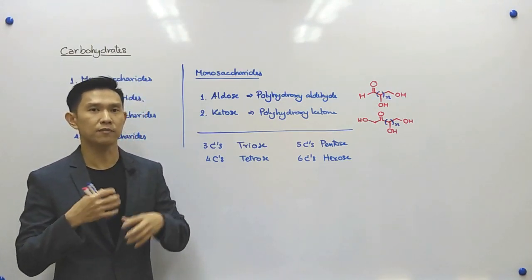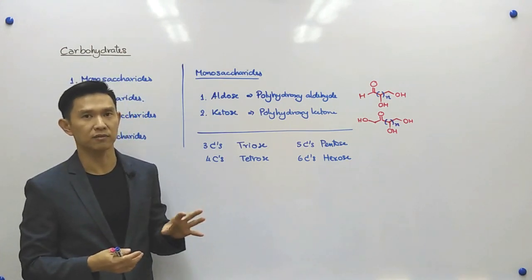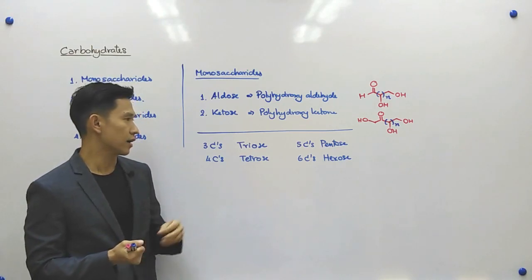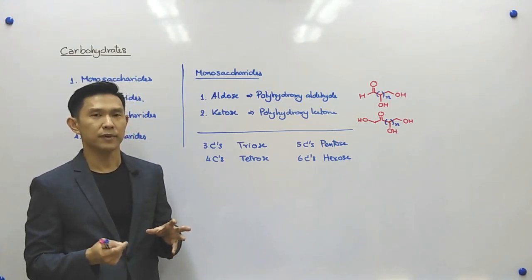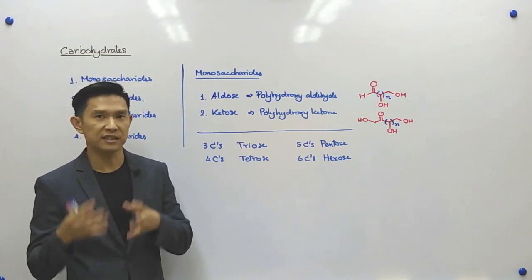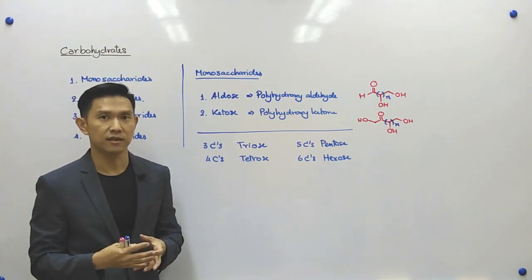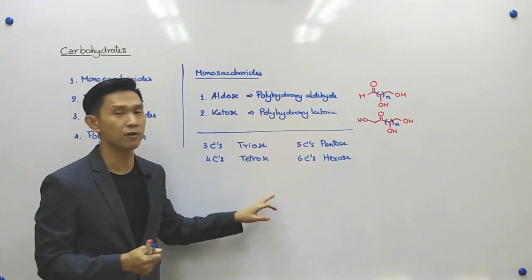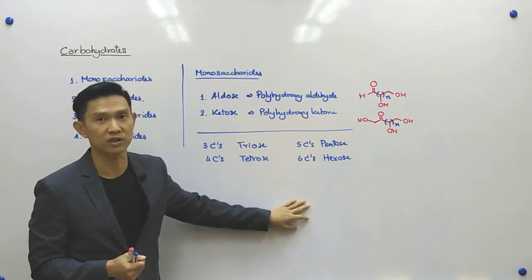So after plants produce the glucose by the photosynthesis pathway, maybe humans, maybe other animals eat the plant and digest it. So we can see the shorter chain carbohydrates, but no longer chain.